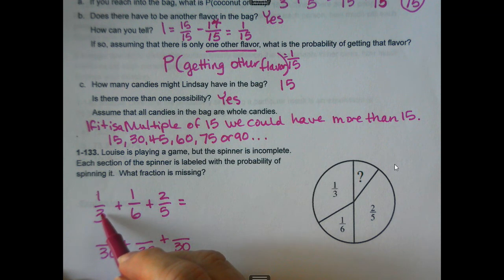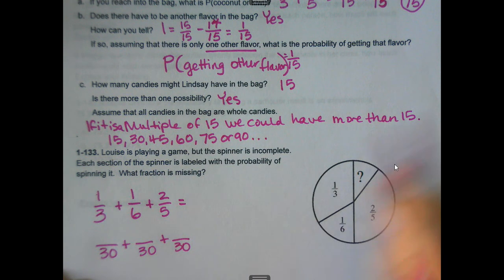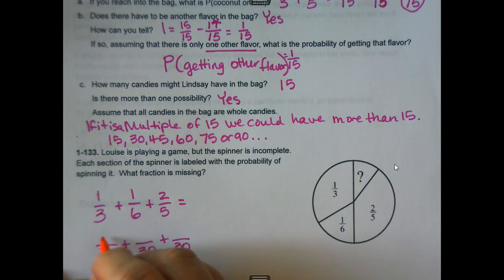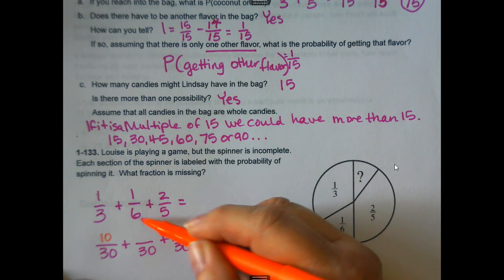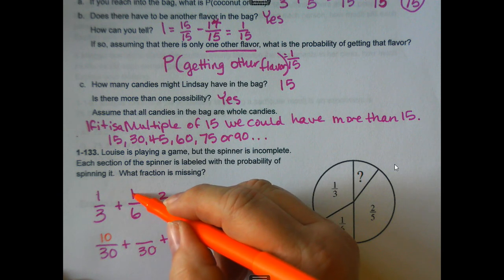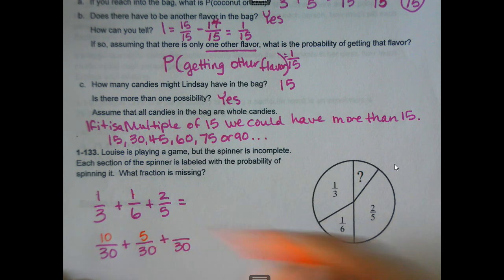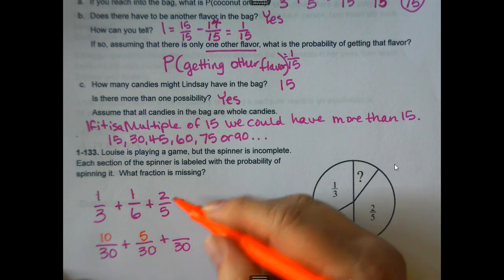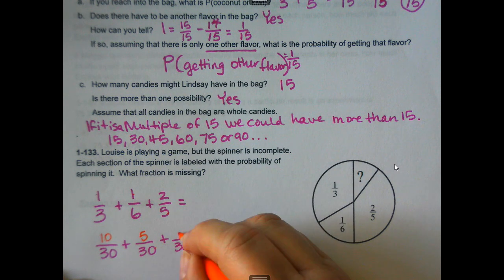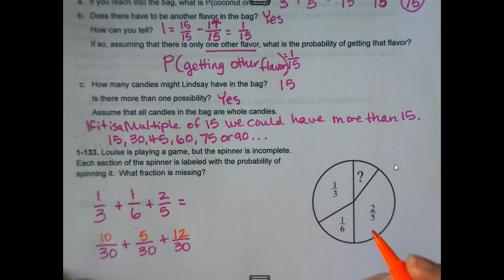So when I multiply 3 times 10, I get 30, so I'm going to multiply 1 times 10 and get 10. 6 times 5 gives me 30, so 1 times 5 gives me 5. 5 times 6 gives me 30, so I'm going to do 2 times 6 and get 12.